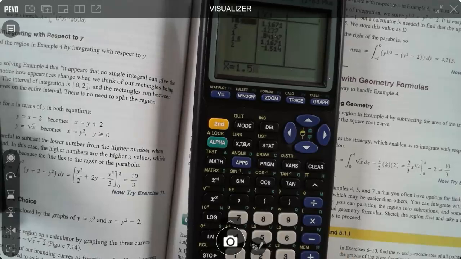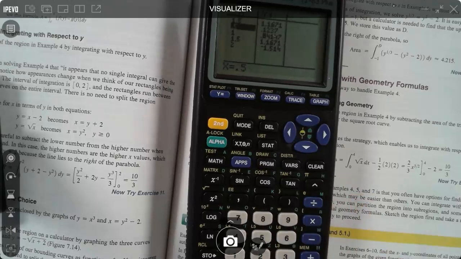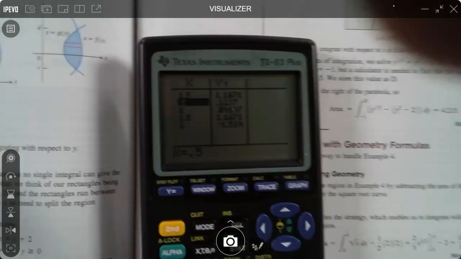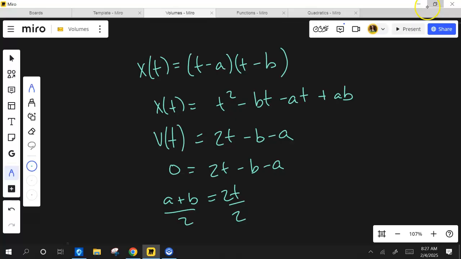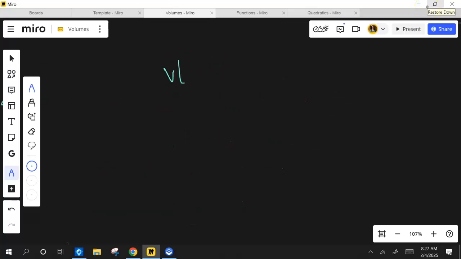This is 16a. Plug in. I'm in my table. I plug it into the velocity, because velocity at 1.5 is 1.167. And all I did was I said, this is positive, yes?